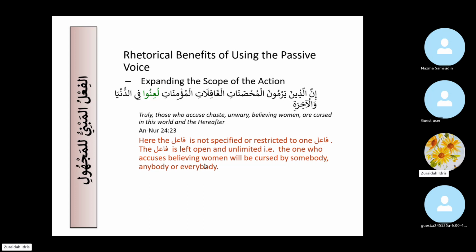Okay, so the one who accuses the believing woman will be cursed by somebody, anybody, or everybody. So we open that. Yes, so that's another reason why we use the passive voice in the Quran. Yeah, okay, alhamdulillah. So we have come to the end of our lesson today.